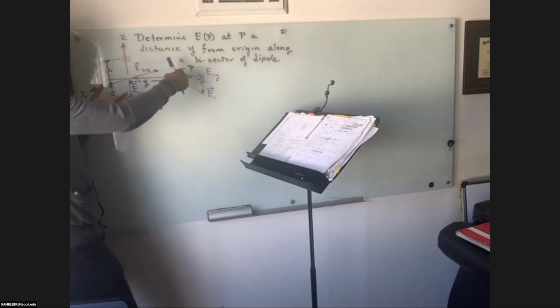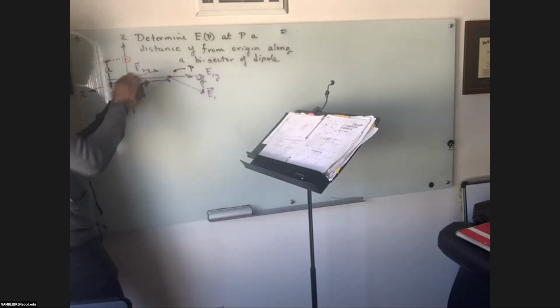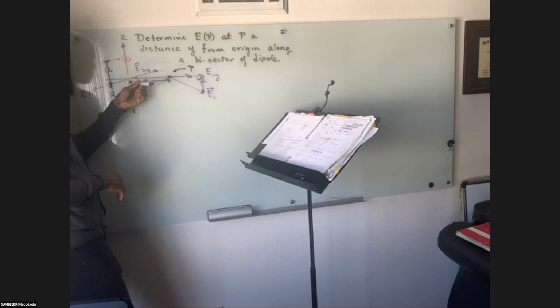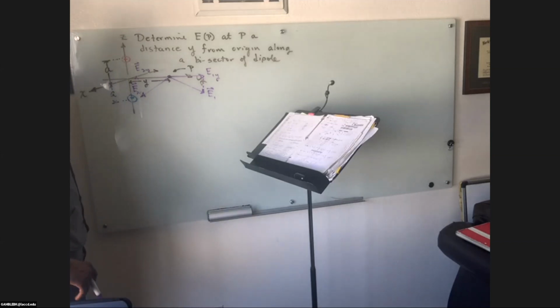But be careful. I could have set it up so that the field point was out, like here in the plane somewhere, in which case I would have x components and y components, and z components as well.